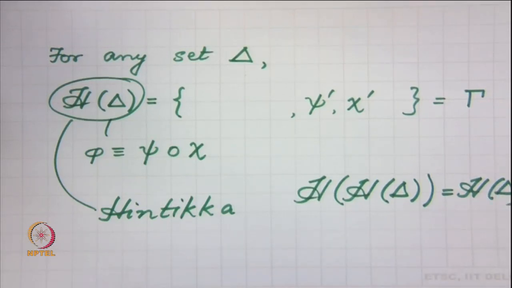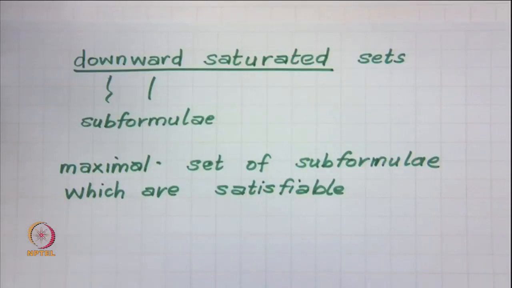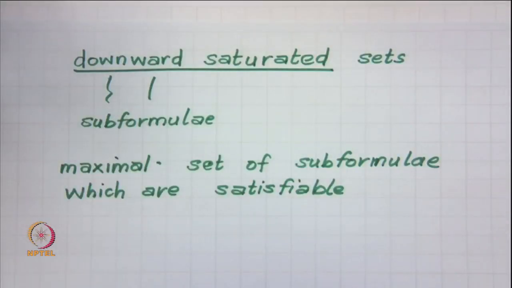Closure operations are also called saturation operations, and not only is it a closure, it is a downward closure. In that sense you are saturating the set downward by taking formulas of smaller degree than the original formula. So, you are populating the set with formulas of smaller degree. It is downward saturated in that sense.